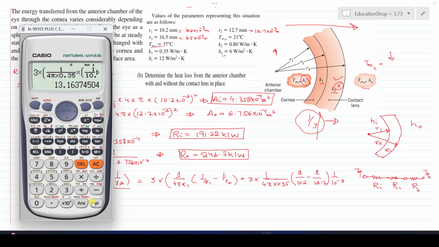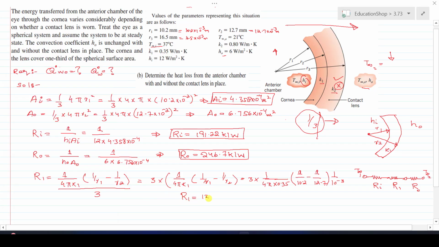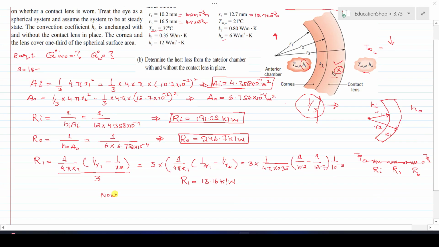Let me write on the notebook. Now simply, the total thermal resistance of this network is Ri, R1, R0. We simply add the values and you will get the R value.